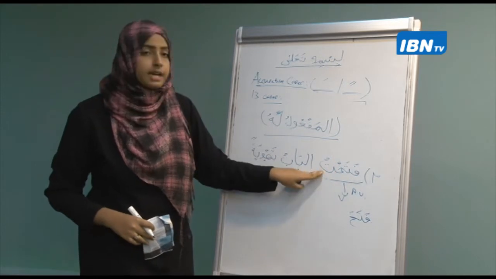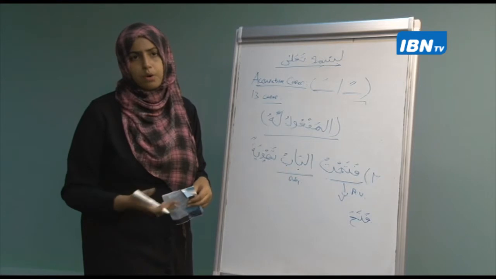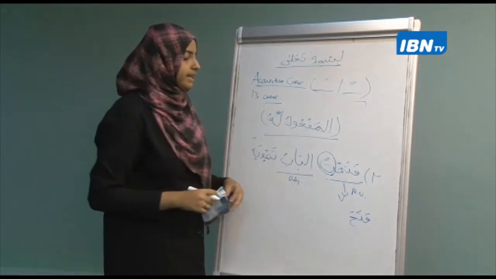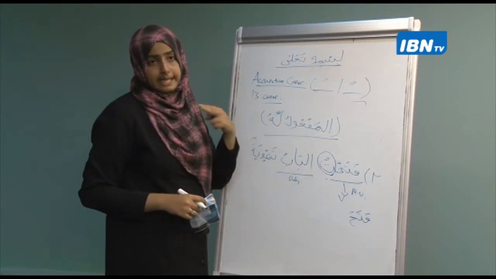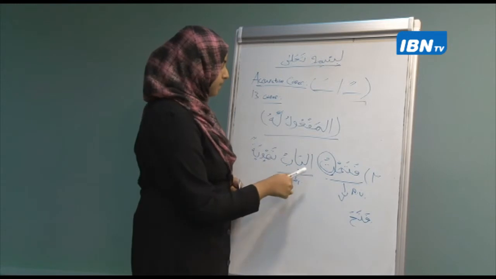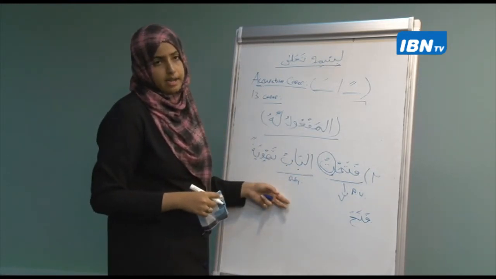Because when I say fatahtu, it refers to I opened the door, because of the addition done at the end that represents I for fi'lul madhi, the past tense. So I cannot say the door is the doer or the fa'il of the action.